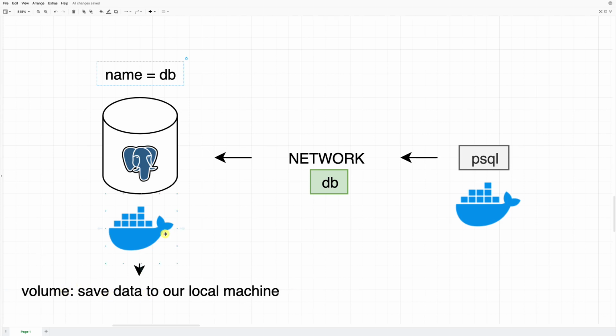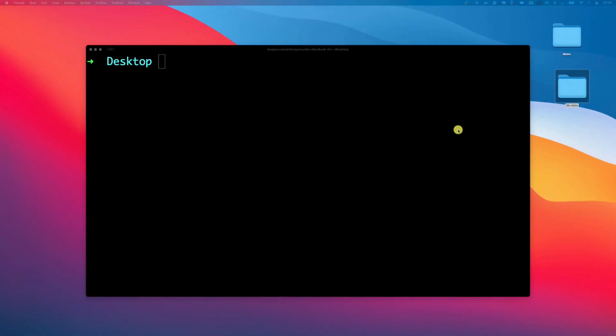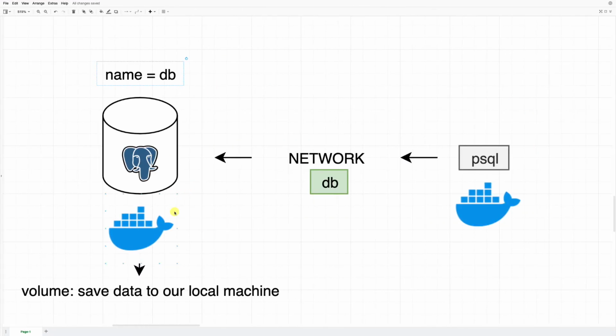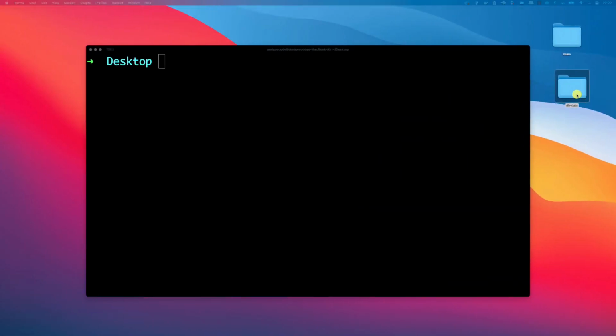So if we insert some students, then we want to store the state in this folder so that if this container, for example, dies, then we can bring another container and just reuse the exact same data by mounting this folder right here.